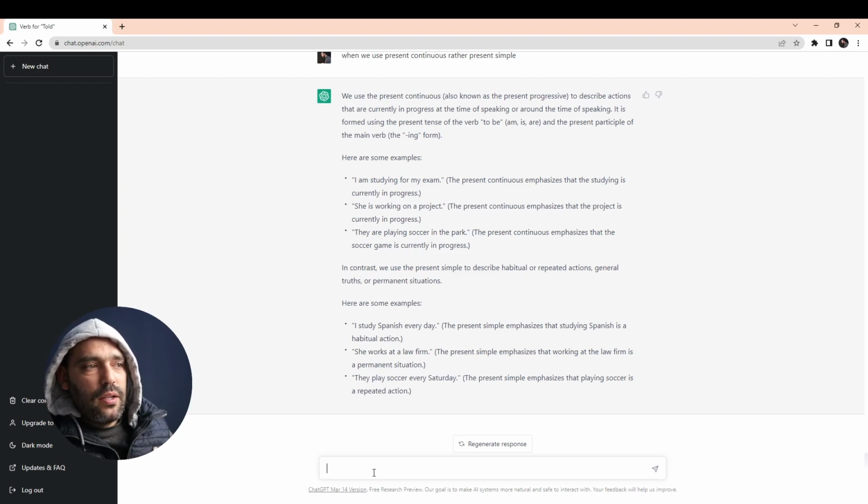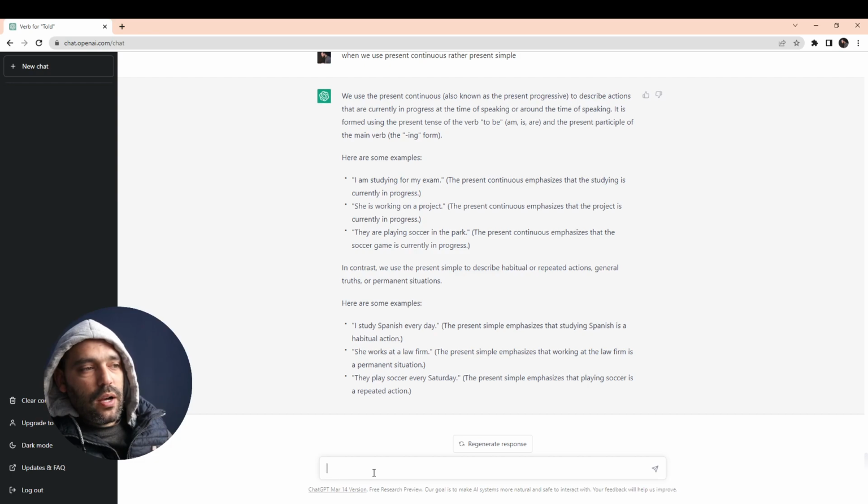In contrast, we use the present simple to describe habitual or repeated actions, general truths, or permanent situations. Here are some examples. I study Spanish every day. The present simple emphasizes that studying Spanish is a habitual action.